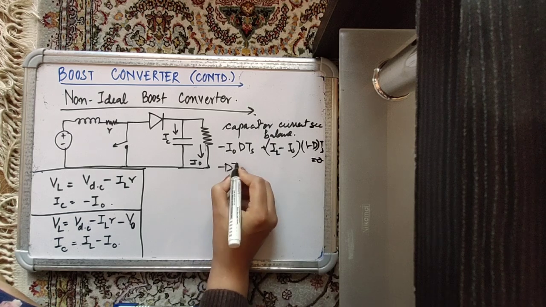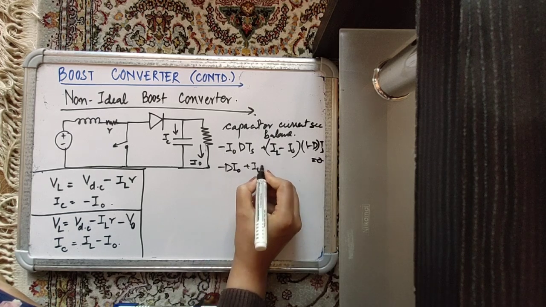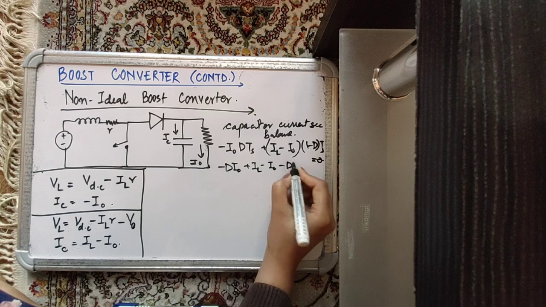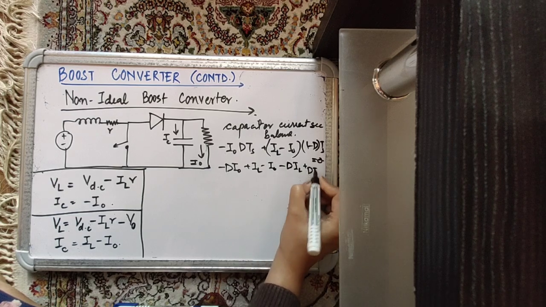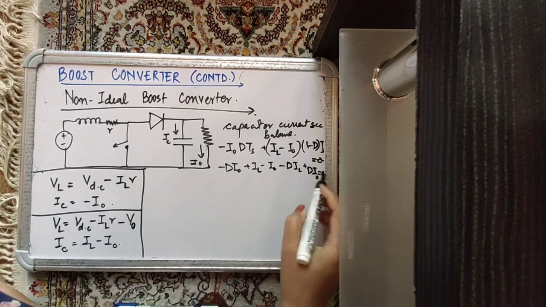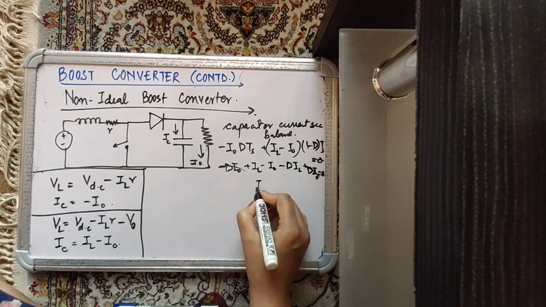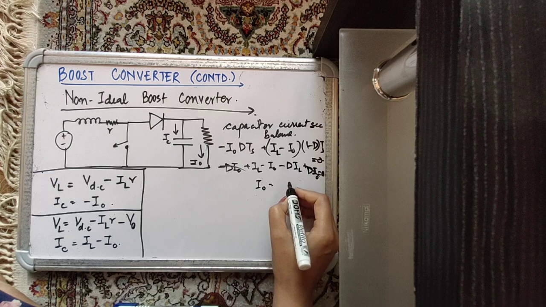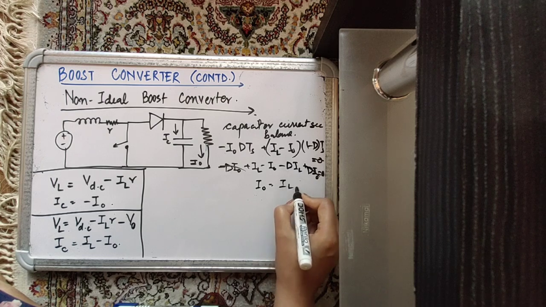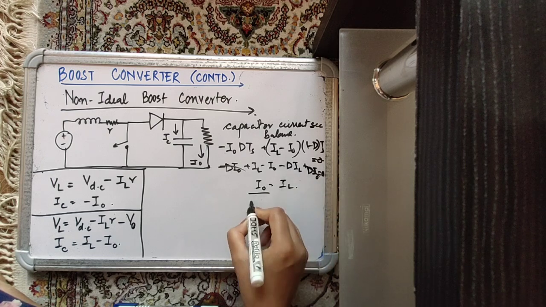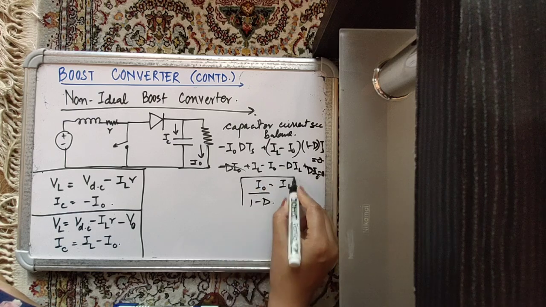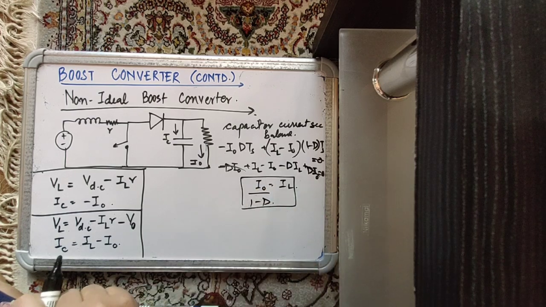So minus D I naught plus IL minus I naught minus D IL plus D I naught is equal to 0. Minus D I naught plus D I naught goes, and we have I naught equal to IL (1 minus D). IL is equal to I naught upon 1 minus D.